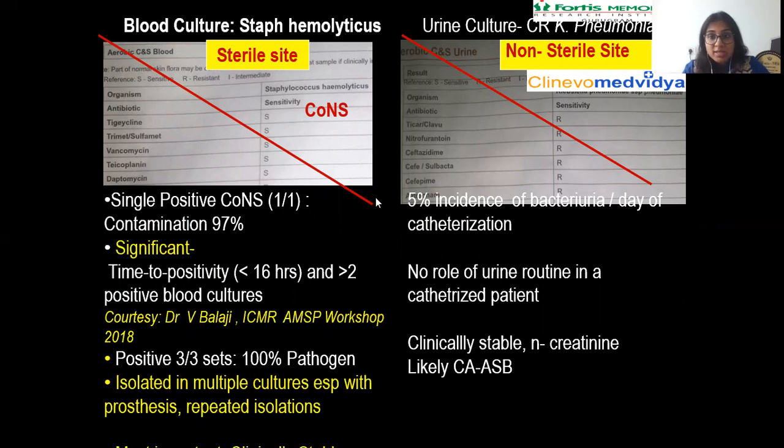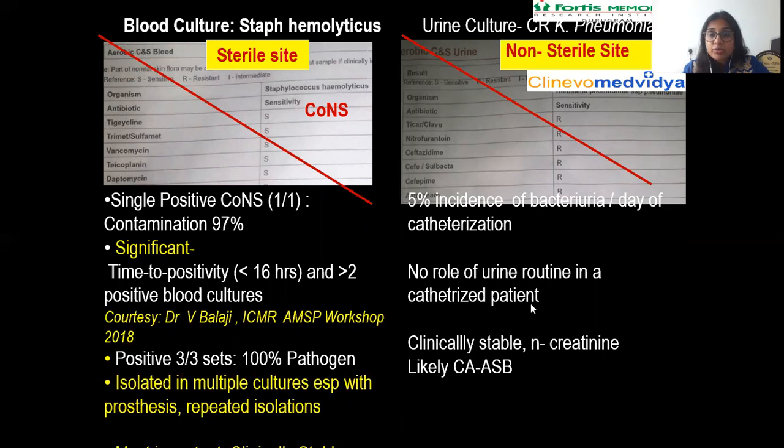So this was a catheter associated sample, taken from the catheter, and as we all know, there is a 5% incidence of bacteriuria per day of catheterization. So if a patient is catheterized for 30 days, almost all the patients, if the urine is taken from the catheter, will show bacteriuria.